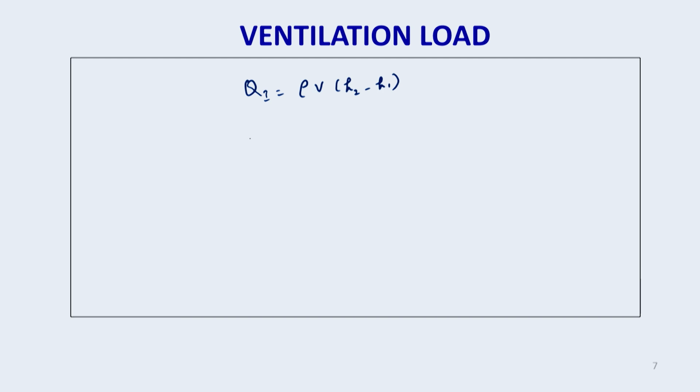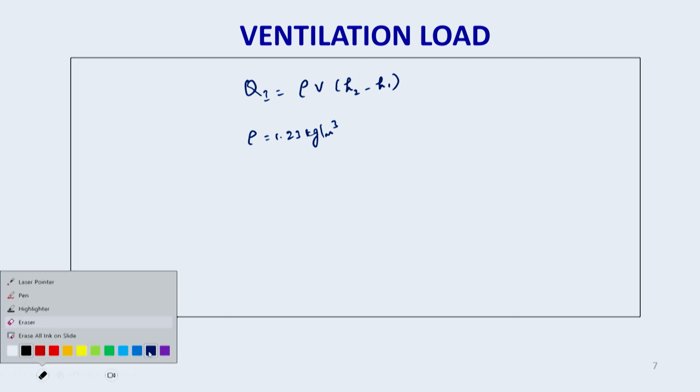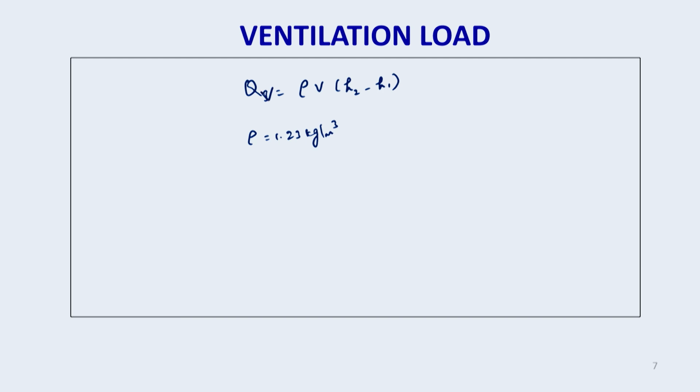So here rho again is the density of air, which is equal to 1.23 kg per meter cube. This is QV, the heat load due to ventilation.